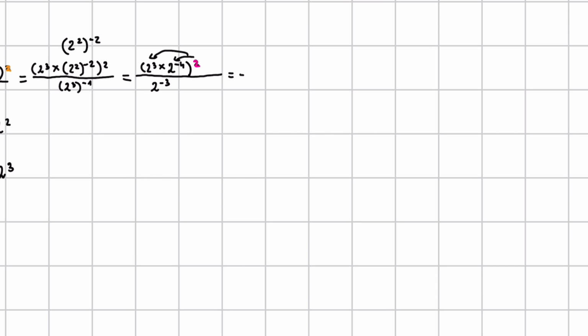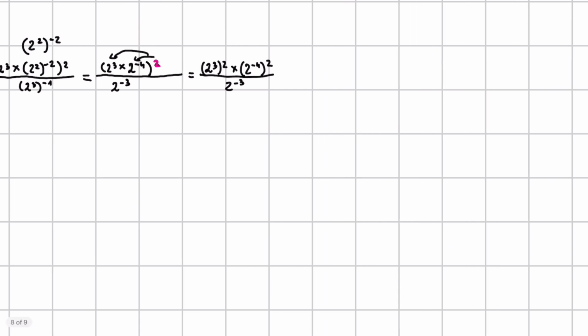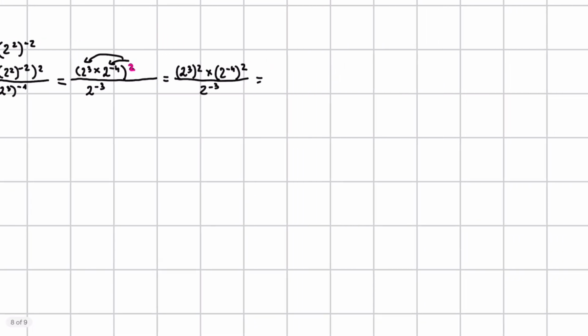So we can use this, and we have 2 to the power of 3 and to the power of 2 times 2 to the power of minus 4 and to the power of 2, and in the denominator it stays the same. So we can simplify it once again.